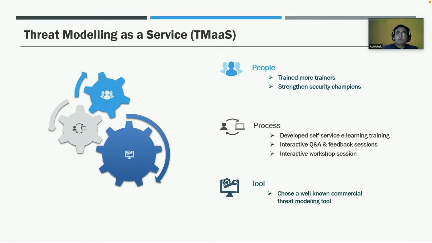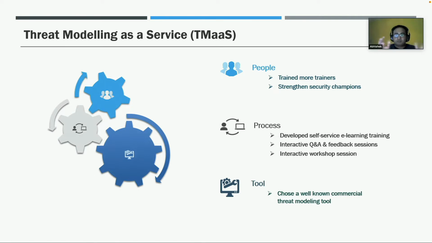So the next topic was the process. How can we develop a nice process so that it is easy to consume? With the help of our developers and the trainers, we created a self-service e-learning training program.